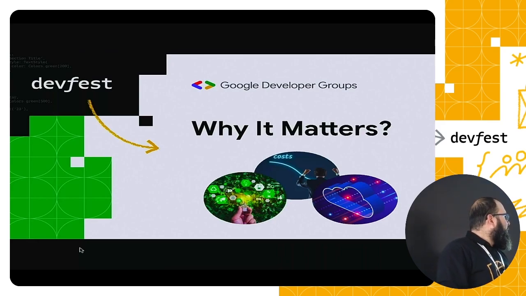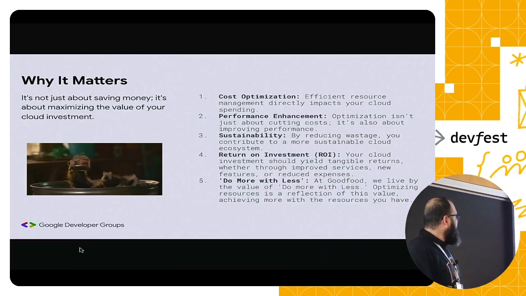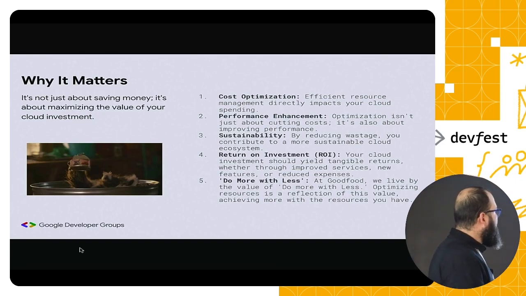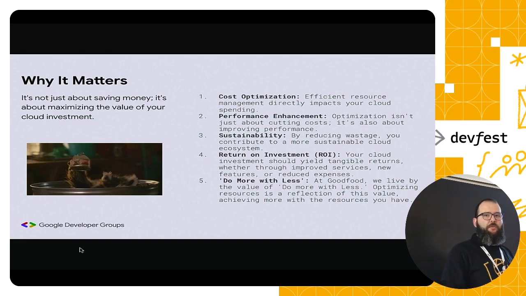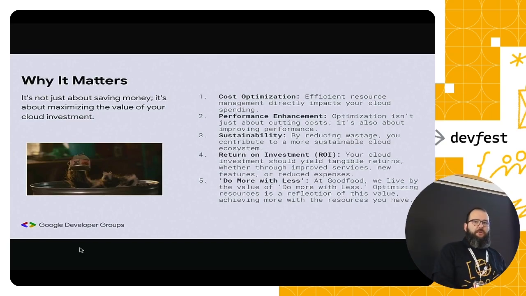So now, why does it matter that we optimize our resources, our stack? The important thing is that we're not wasting anything, and that's one of the key things that we're going to see. For sure, the first thing that comes to mind when you go out of school and start working is always money.